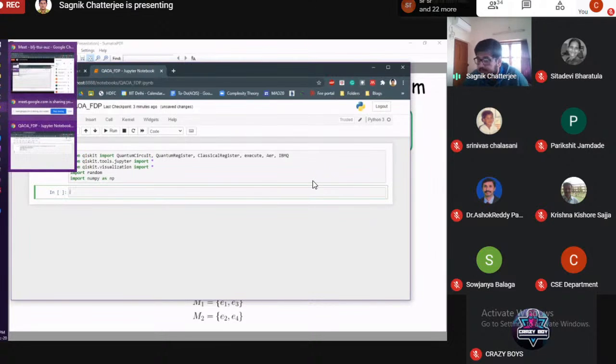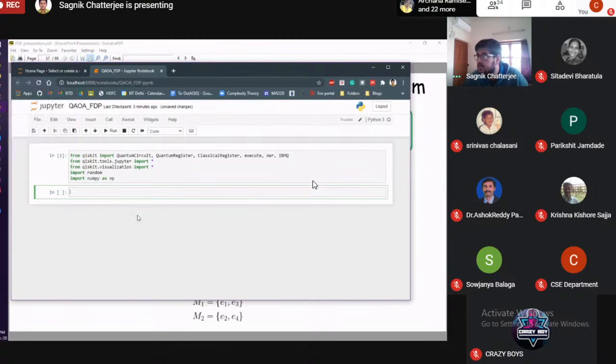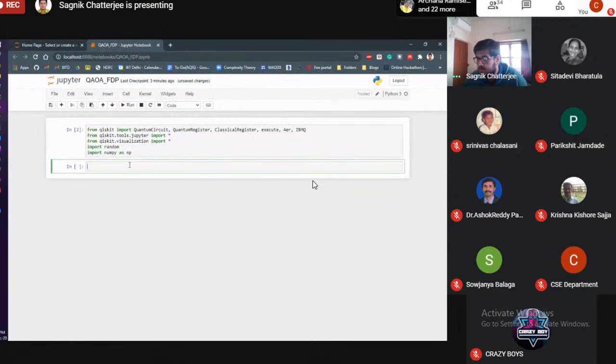So we'll be creating a create circuit function. We'll be taking as input the edge list of the graph. We'll be taking as input the number of phases, or the number of times we want to apply the red box and the blue box.